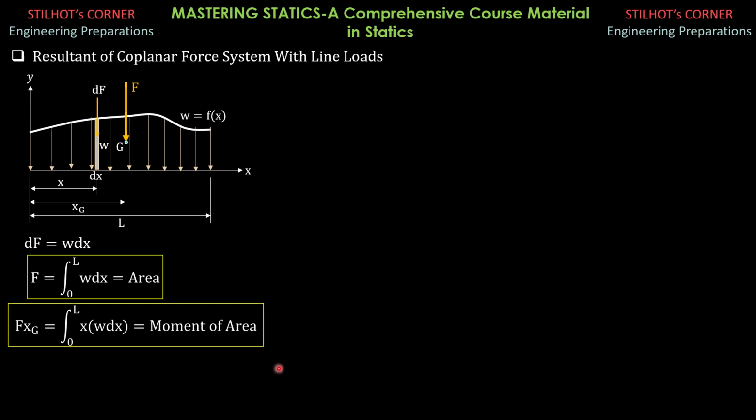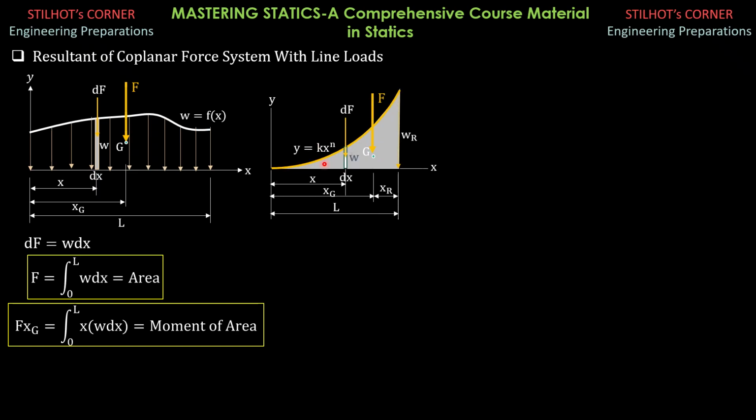So let's expand this by treating the common loadings or common area. Let's say we have this nth degree curve. The equation of this curve is in general y equals kx to the n. This is the given intensity of the load, WR, in newton or kilonewton per meter.